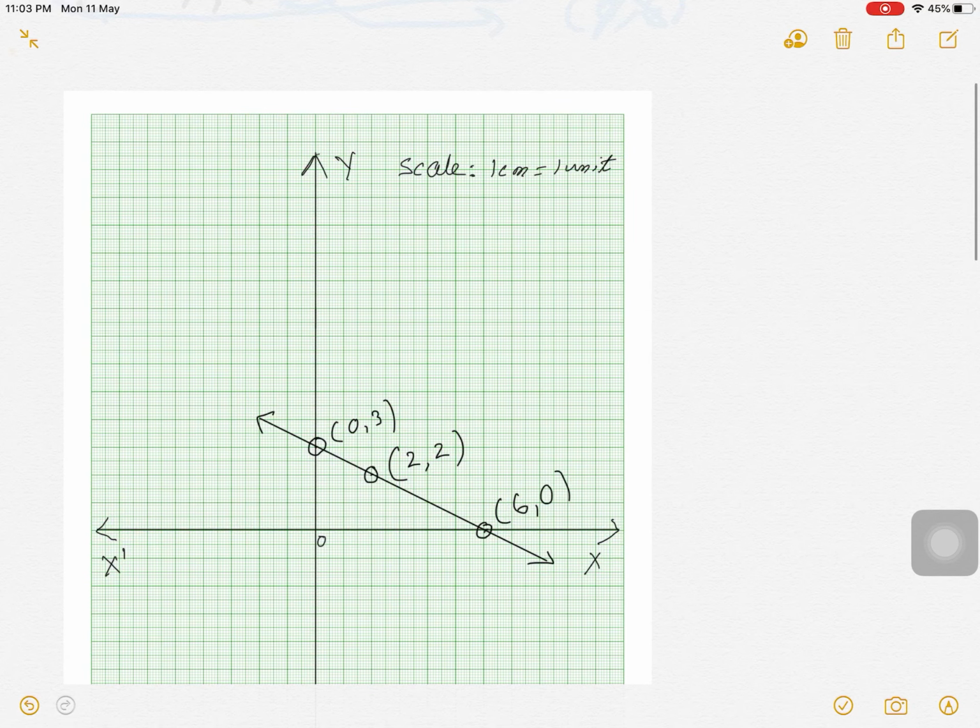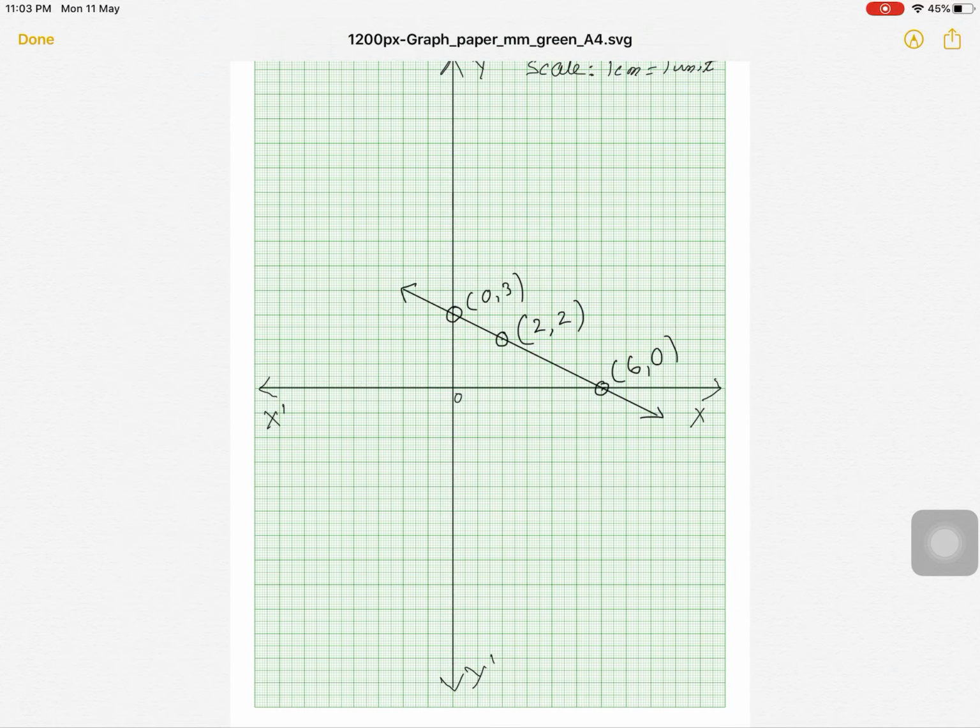If I join all these 3 points, then I get a straight line. Okay, and that's why we call it a linear equation, because these equations give us a straight line, and any point on this line is also a solution of this equation. Whatever point we take on this line, it will give us a solution.